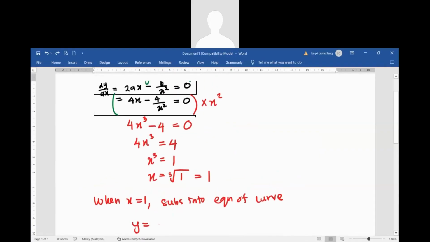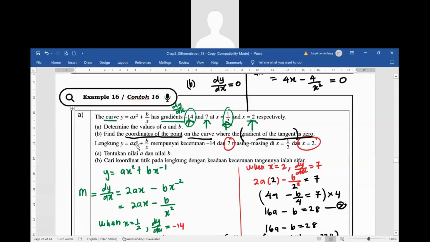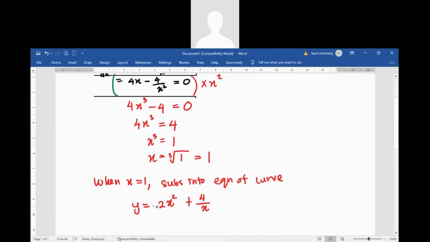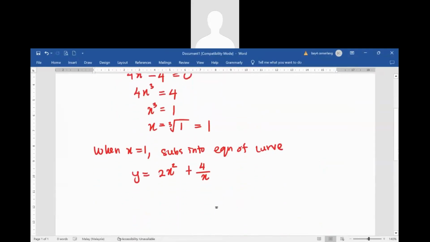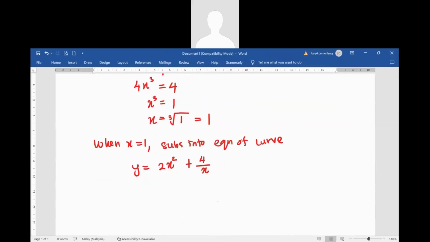Ax square, a tu 2 kan? Ax square plus b dia 4 over x. Betul lah. Okay. So substitute lah. 2, 1 square plus 4.